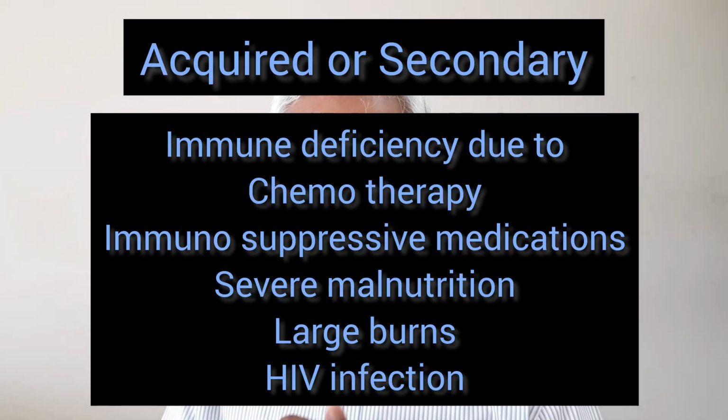To take up the secondary one first, it could be because of severe malnutrition, it could be due to burns, it could be due to HIV infection, or it could be due to various medications like cancer treatment or steroids, high dose steroids. So it's easier to know if a child is immune deficient if they are having these conditions, and it's self-evident. It's more difficult to try and find out the congenital immune deficiency.